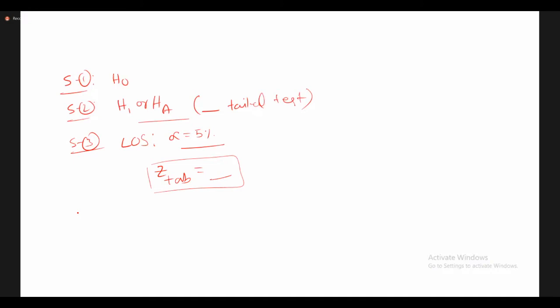After that, step 4, test statistic. This is Z calculated. We are discussing large samples, that's why I took Z calculated.